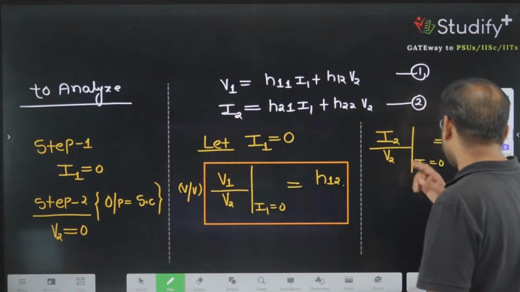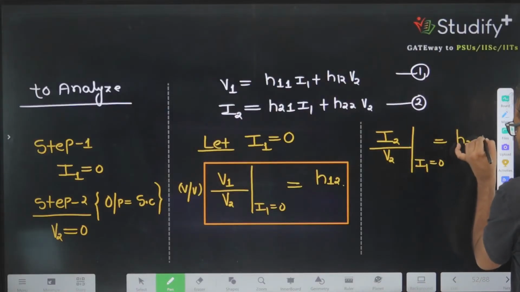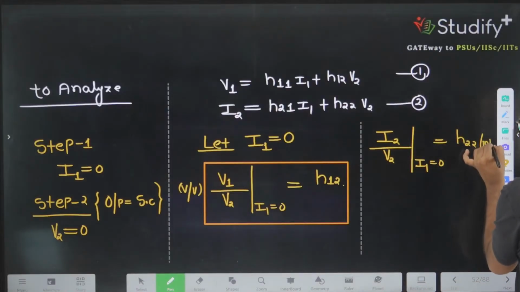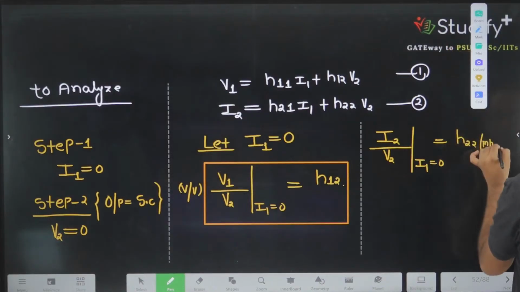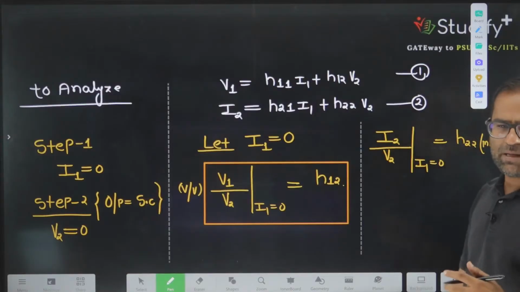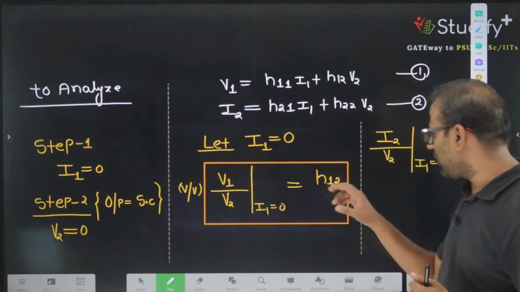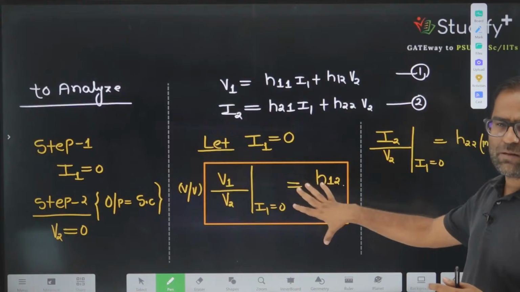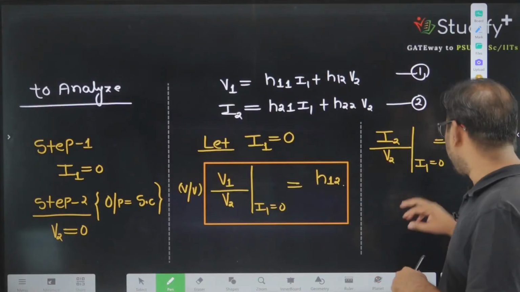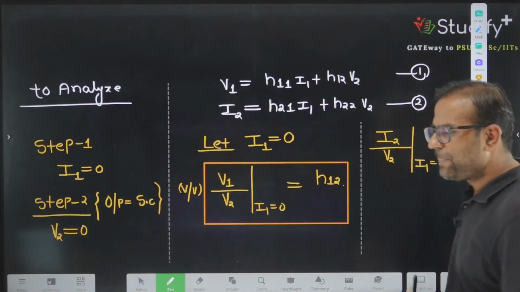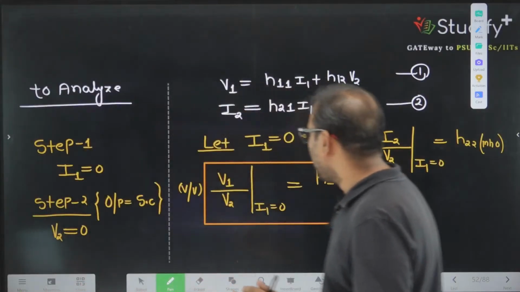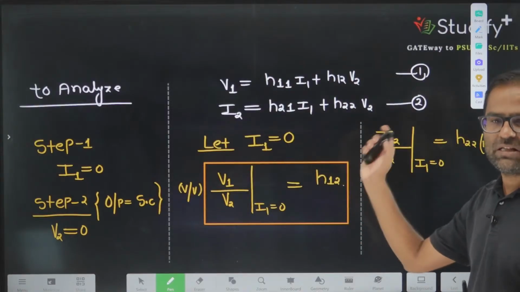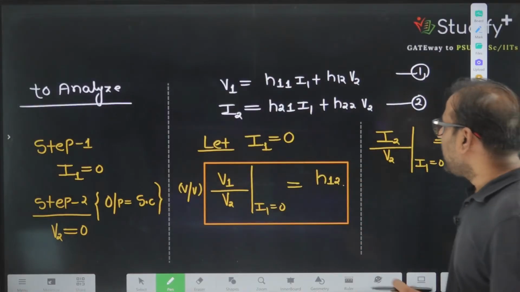One of the parameters has the unit mho, and another has the unit ohms, so all parameters in the H parameter model have different units. V1 by V2 represents the attenuation factor for a linear amplification. 1 by H22 represents the output impedance of that device for which you are analyzing the H parameter model.